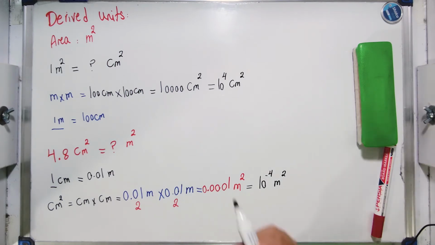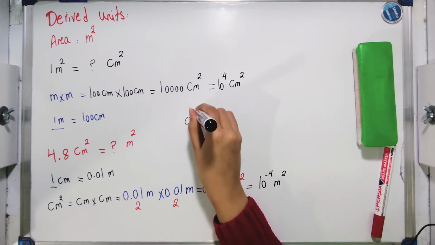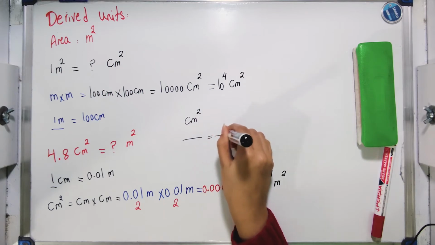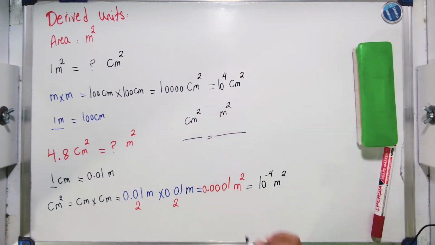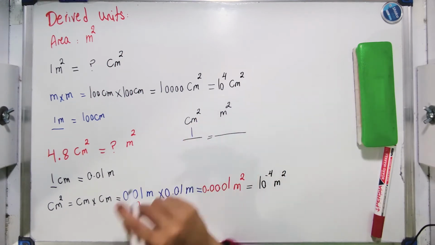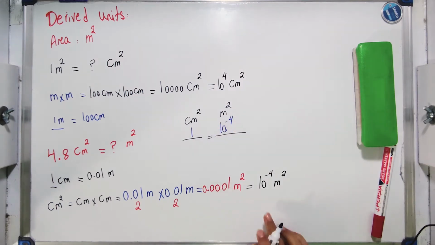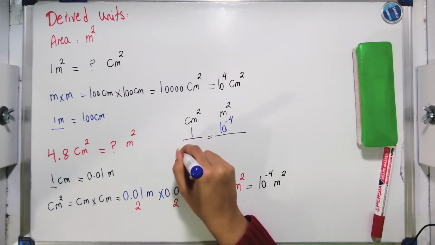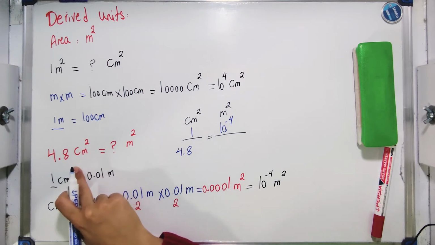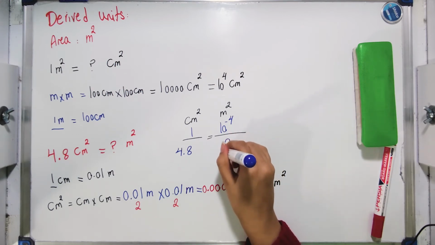I can say, look at this fraction I'm making. A square centimeter column, a square meters column. Every square centimeter is equal to 10 to the power minus 4 square meter. Now 4.8 square centimeters is equal to how many square meters?